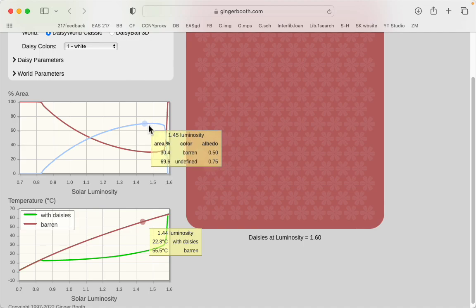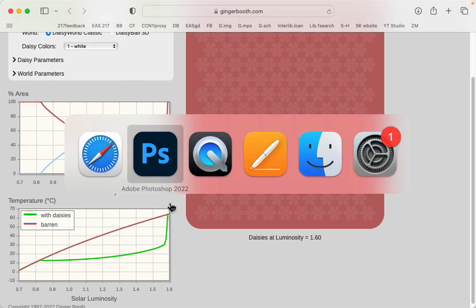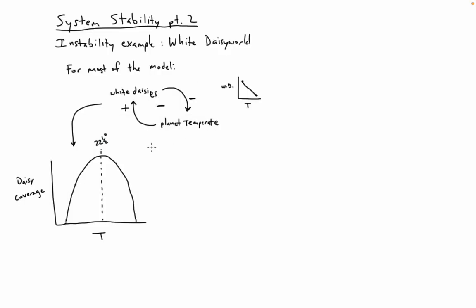Okay, and so now we've switched over into the positive feedback loop here. So now every little bit hotter it gets, less and less daisies can live, and very quickly it gets to a point where it just completely falls apart. So on this side of the diagram, we have a different feedback loop. We have the white daisies again, and we have the temperature.